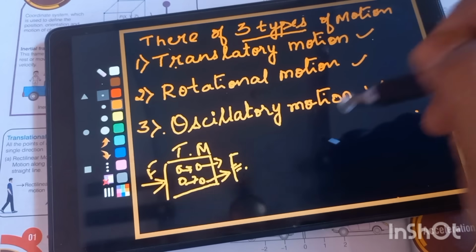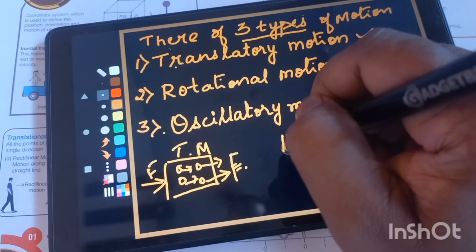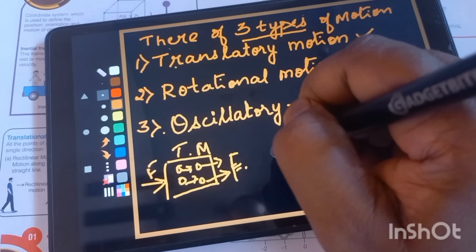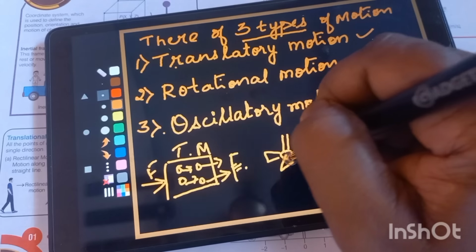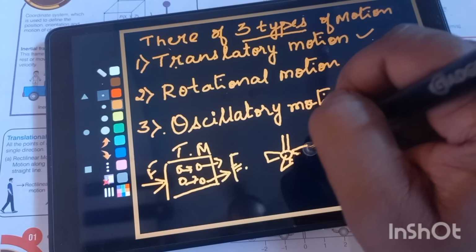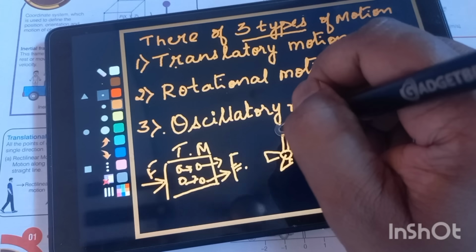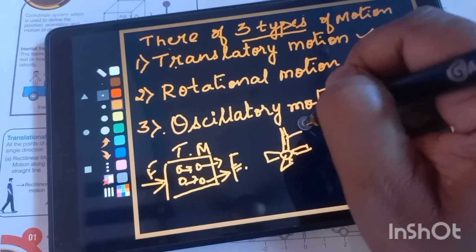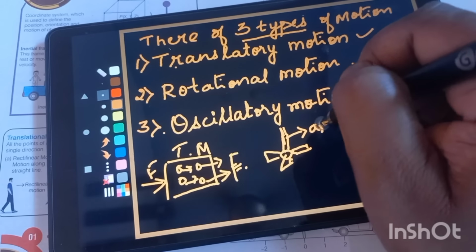So what is the rotatory motion? So rotatory motion is nothing but the motion of a fan, for example. So this is a fan. Now this rod of the fan is known as axis of rotation.